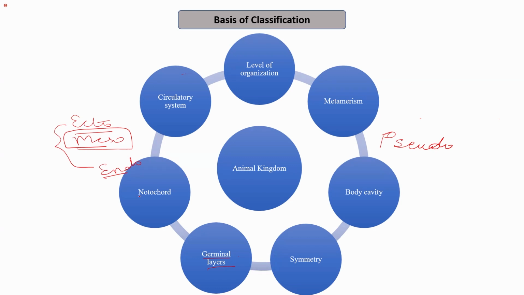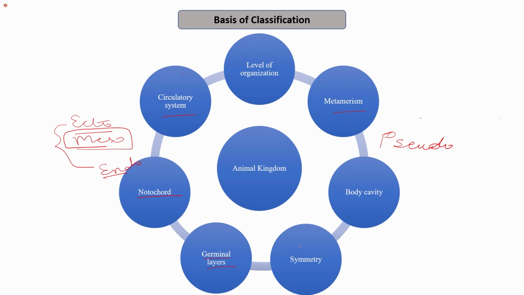Then we will see how different phyla are classified on the basis of notochord, on the basis of the circulatory system, and today on the basis of metamerism or segmentation.